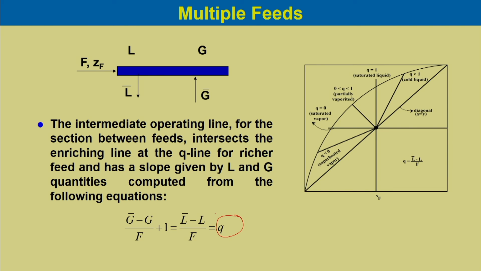Depending on the feed condition, we can calculate the values of Q and the slope of the Q line.